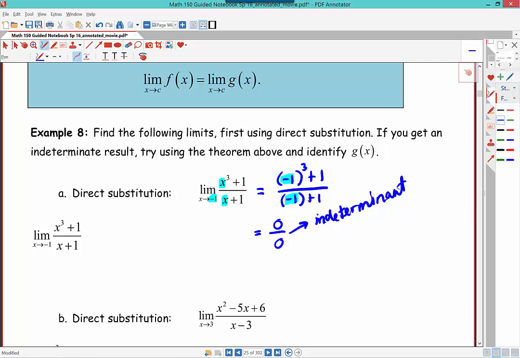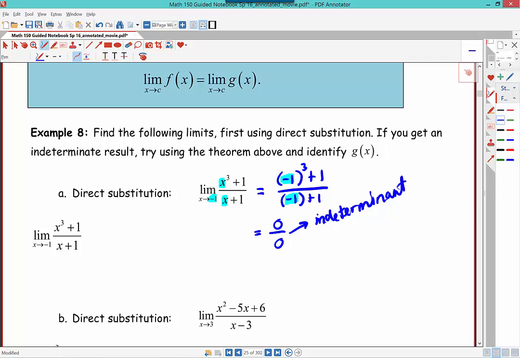Which means in the format it's currently in, we can't determine the limit. But what's that word? Starts with an A, not a bad word. You got it, algebra.